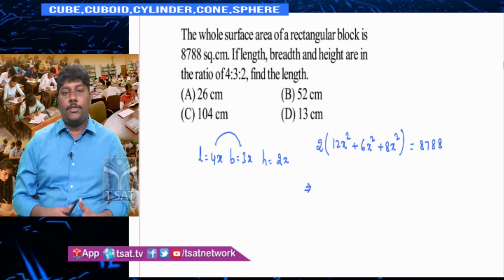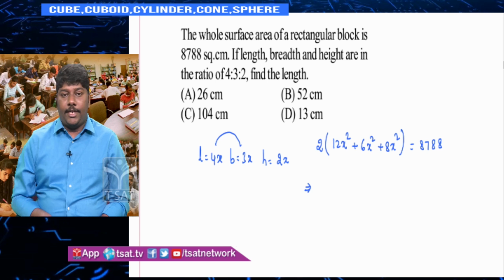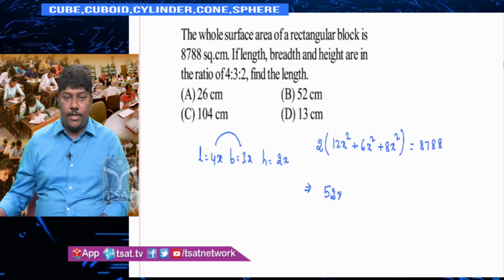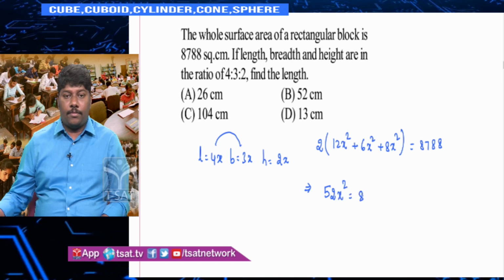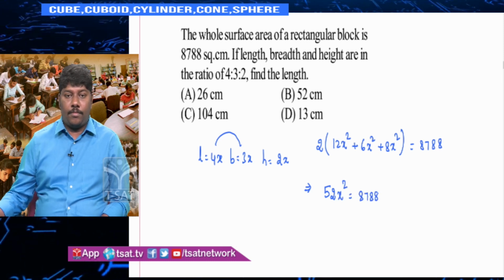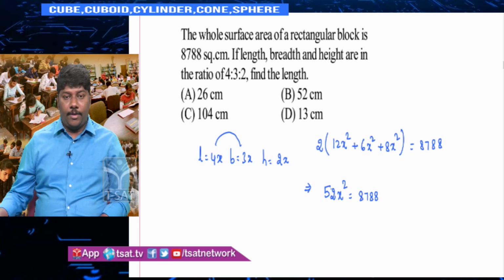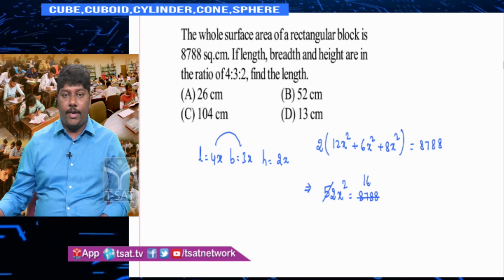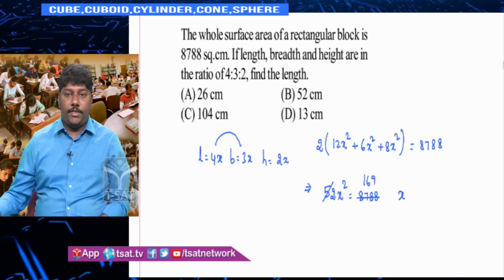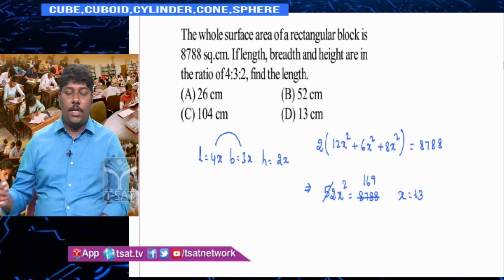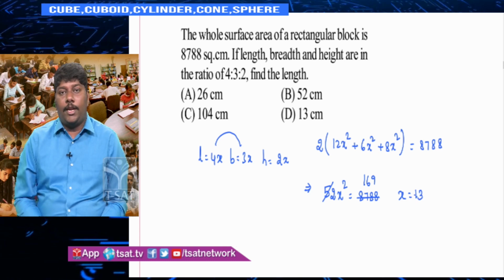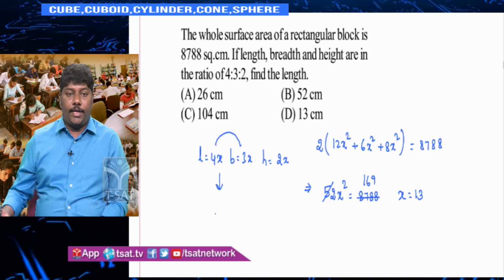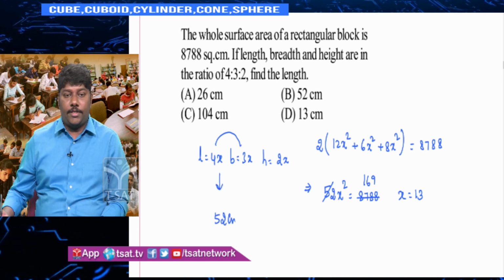Now the whole thing becomes 12 plus 6 is 18 plus 8 is 26, therefore it becomes 52x square. You can cancel it in 52 table or else 13 table. In anything you cancel, you are going to get 169. So x is equals to 13. He is asking you the length of the rectangular box. Length is 4 into x. Therefore 4 into 13, it's 52 centimeters is the answer.